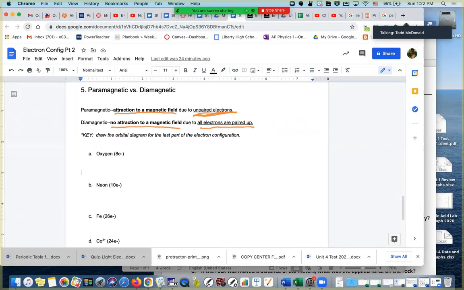So here's what you have to do: if I wanted to look at oxygen, I would go back to the electron configuration of oxygen, 1s2, 2s2, 2p4. It's hard to tell whether or not those electrons are all paired up or not, right? So what we do is we typically take the last part of the electron configuration and we go back to orbital diagrams and we see what this looks like.